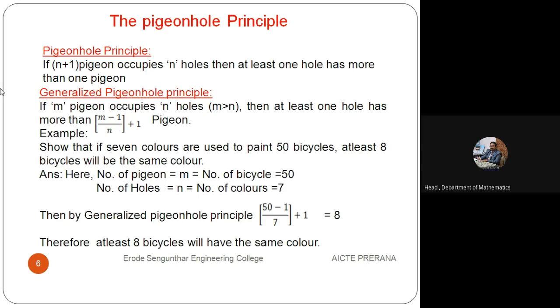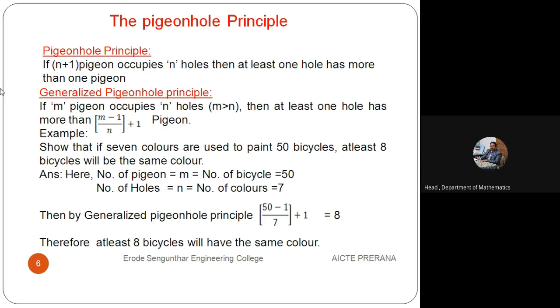We denote the colors by holes, pigeonholes, so n equals the number of colors, that is 7.